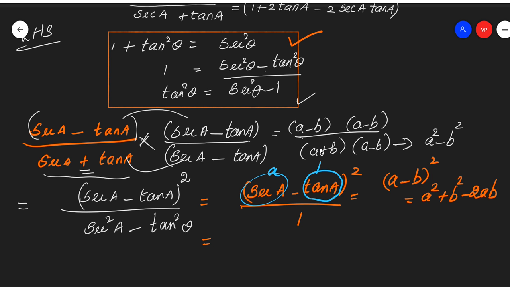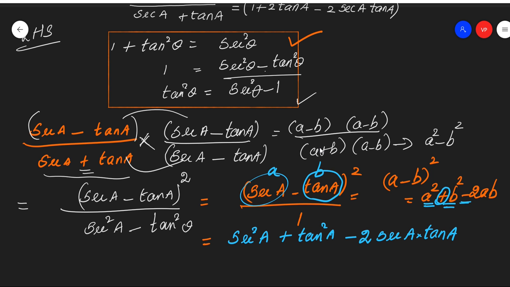For a square you write secant square, for b square you write tan square, for a square plus b square we use the plus sign, and here it is a minus, so minus 2 secant A tan A.